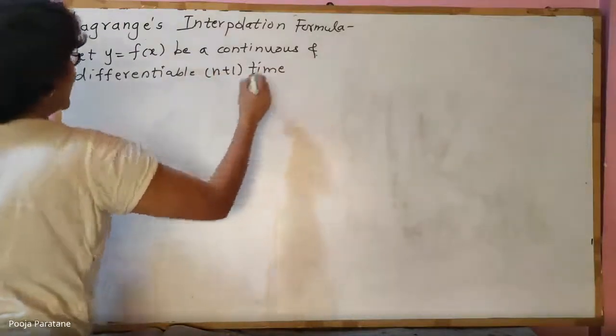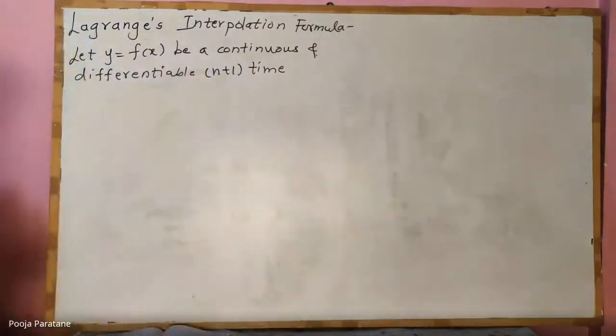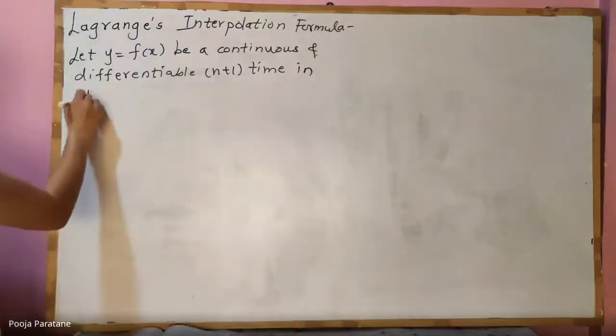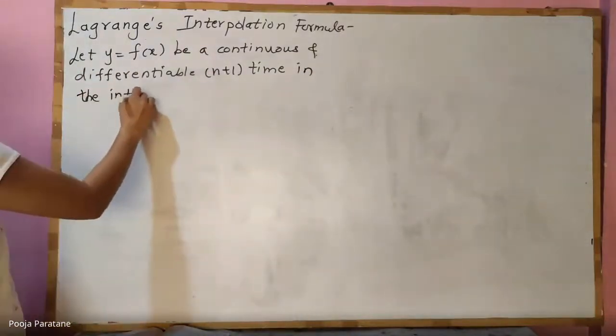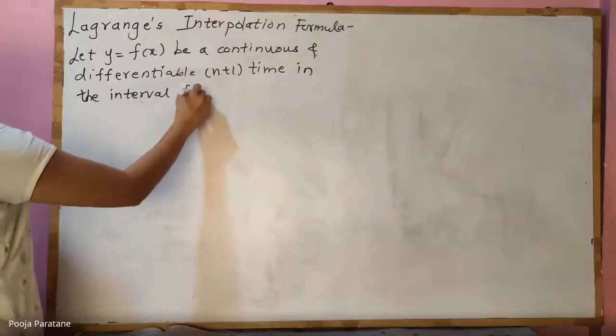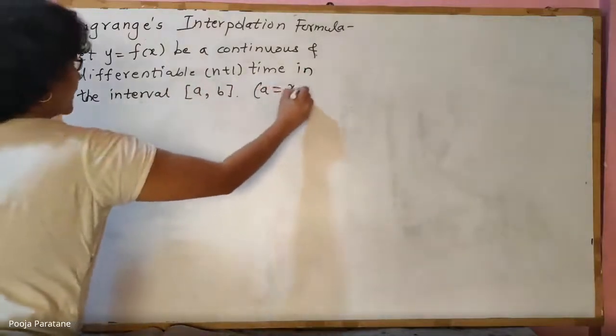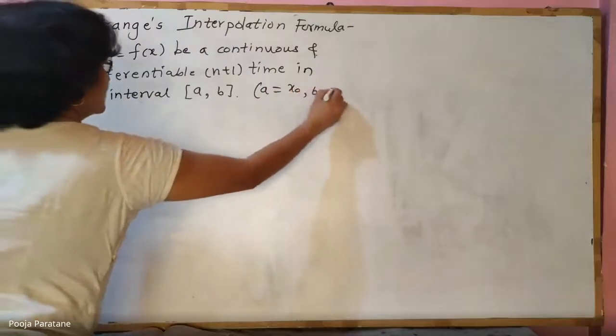It is actually a requirement for this that the function should be continuous and differentiable n plus 1 times in the interval a, b. Generally, we take a equal to the initial point and b equal to the last point.